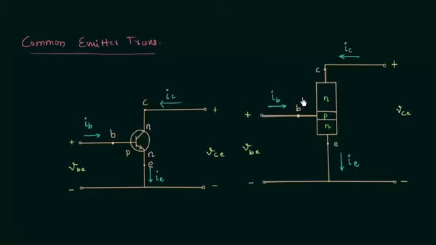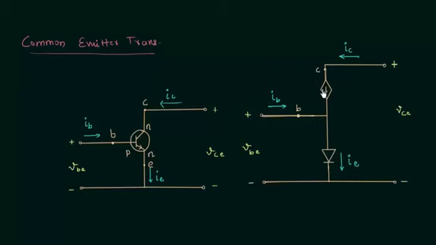You can see I have removed the transistor symbol, and we can consider the transistor as two diodes connected back to back. So I will make two diodes connected back to back, in which this diode is reverse biased and this diode is forward biased. So I will modify this circuit in which the collector branch will have the dependent current source and the emitter branch will have the forward bias diode.